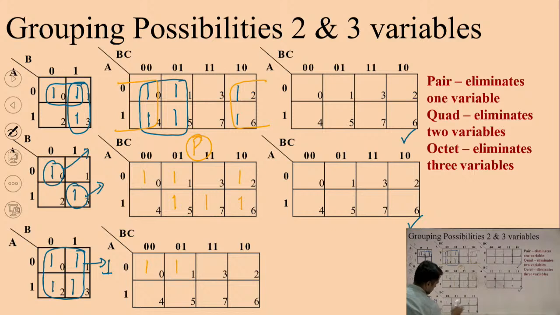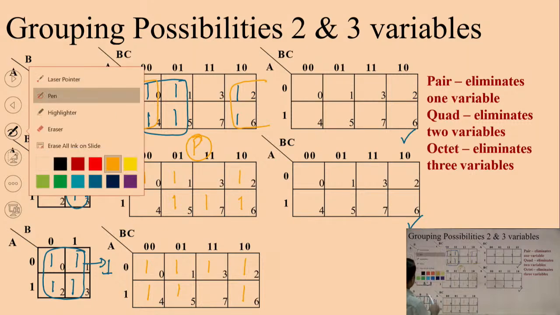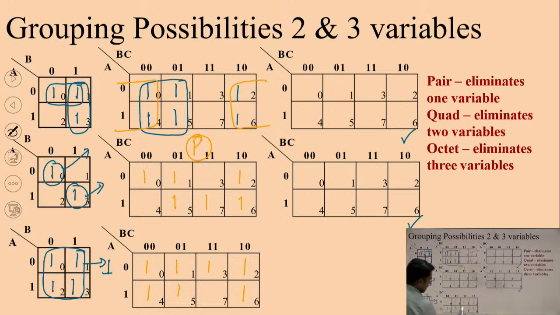So I am solving this bottom one, and in the meantime I am expecting answers from you for this practice question. For this third one, if I make grouping, then I can see that this will be a quad, this will also be a quad, and this single one is pending, number 6.